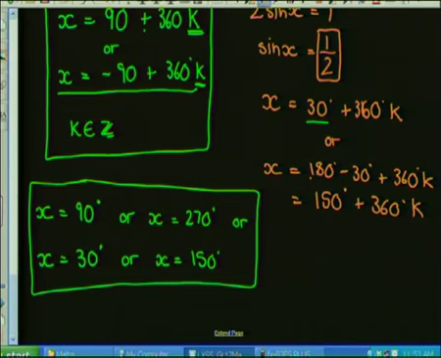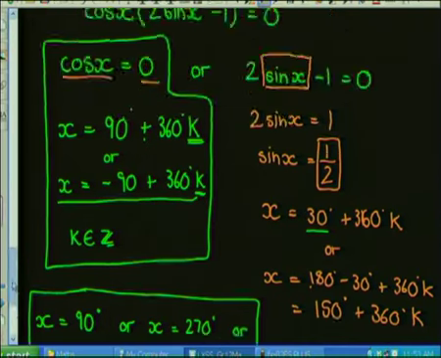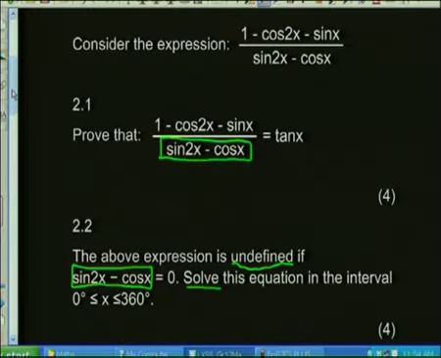So if the value of x were to be 90 degrees, 270, 30, or 150, the identity we looked at in the beginning would be undefined, because that's what they asked us for. The above expression is undefined if that is equal to 0. Solve.